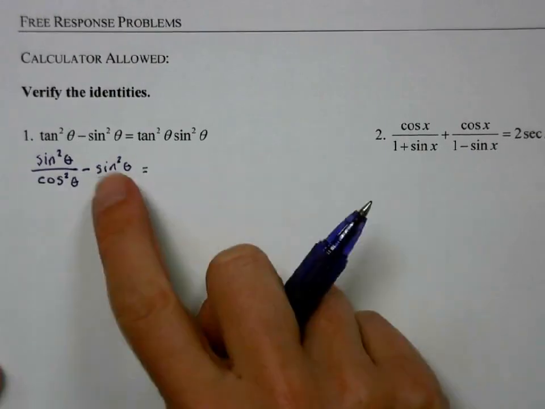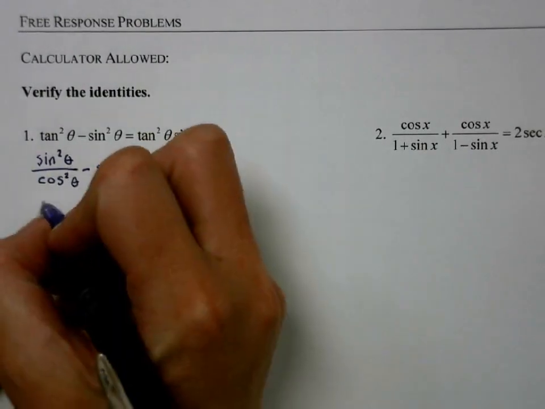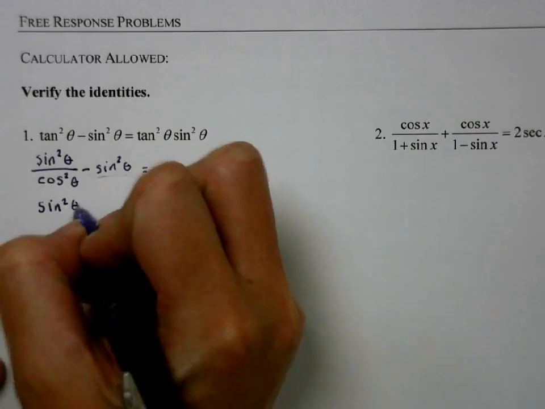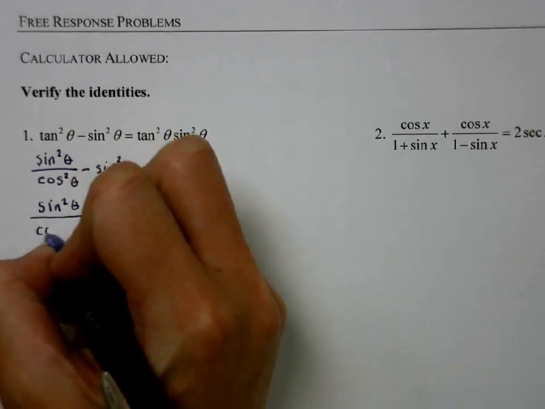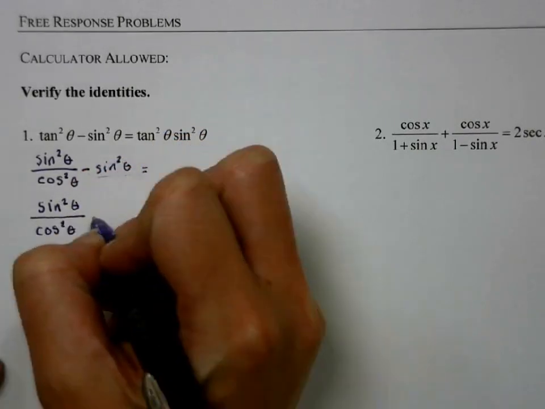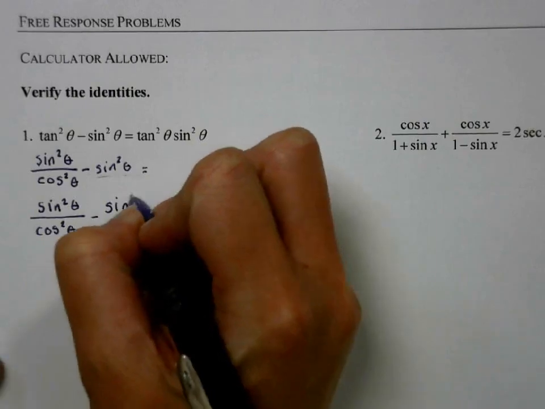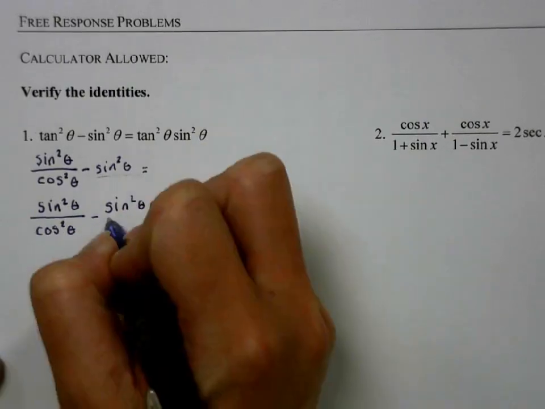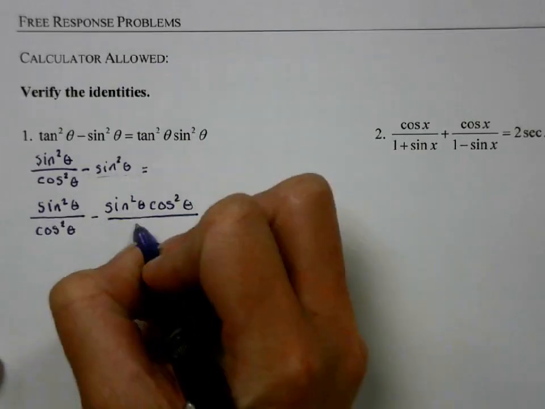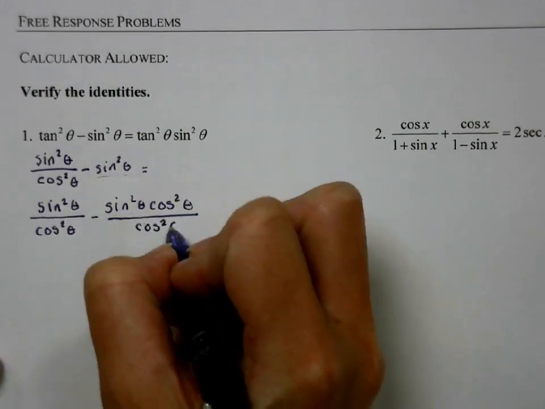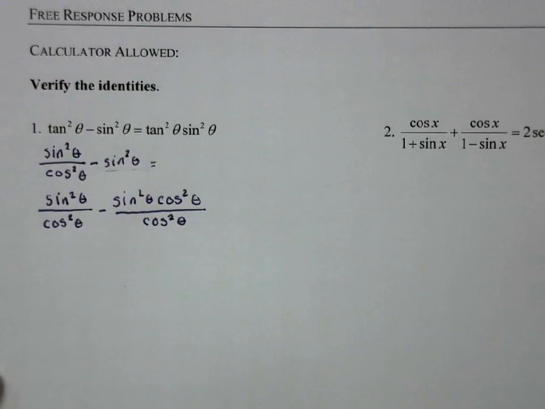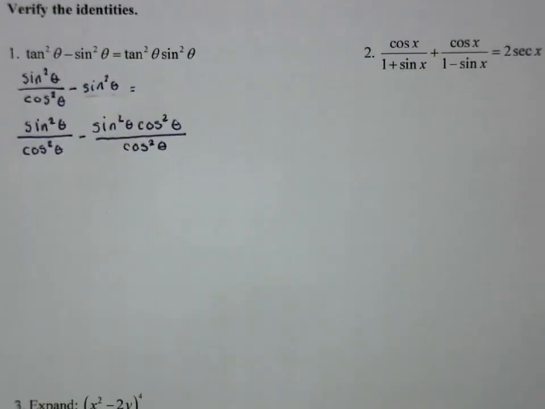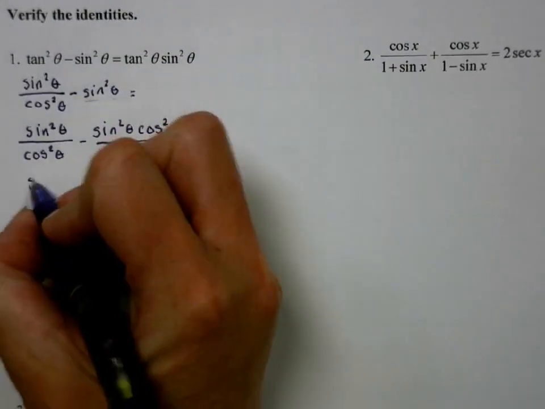So I'm going to multiply this one by cosine squared over cosine squared. So this will be sine squared theta cosine squared theta all over cosine squared. Okay, now that we have a common denominator, we can combine these things.